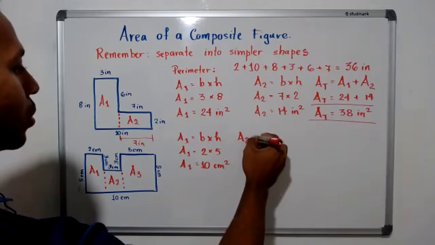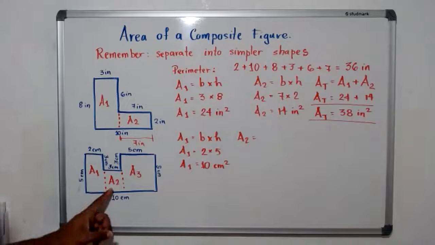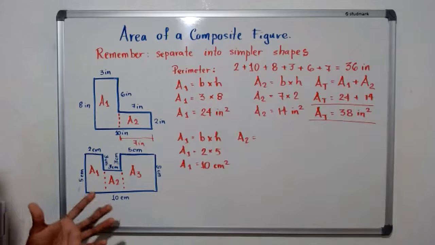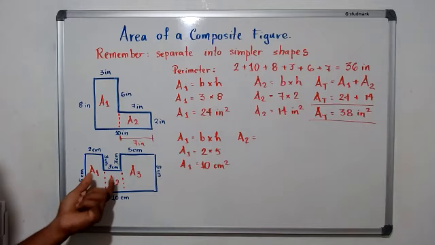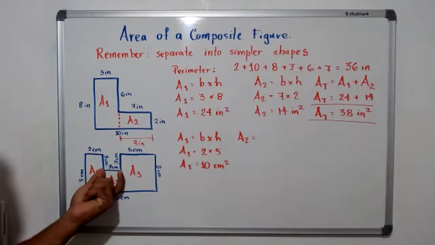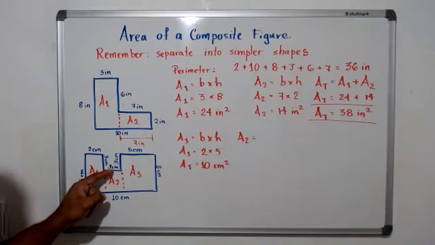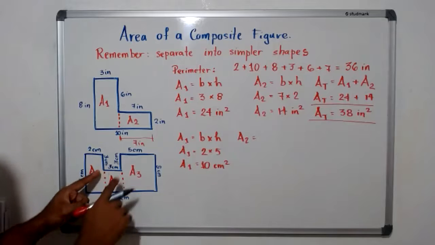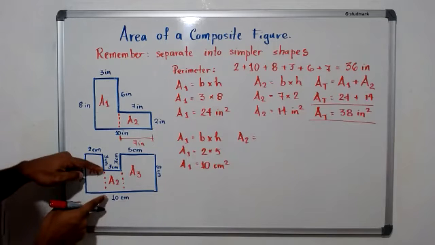Area number 2. The second one, we don't know some information. We just know the base, that is 3 centimeters. But we don't know the height. What is the height?